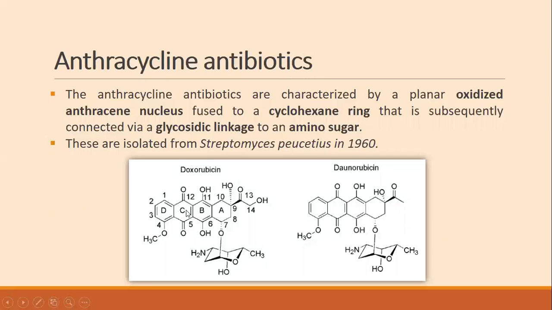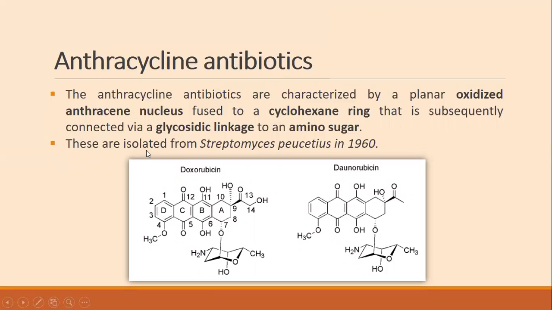The B, C and D rings in the structure represent the oxidized anthracene nucleus, fused to cyclohexane ring A. Ring A represents cyclohexane that is subsequently connected via a glycosidic linkage at position 7 to an amino sugar. The lower chair form is the amino sugar.